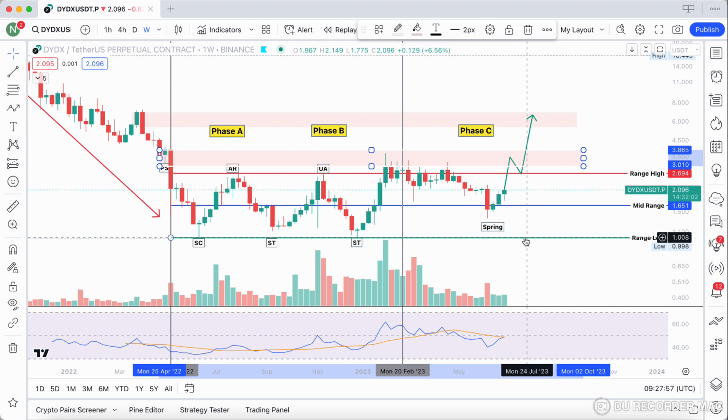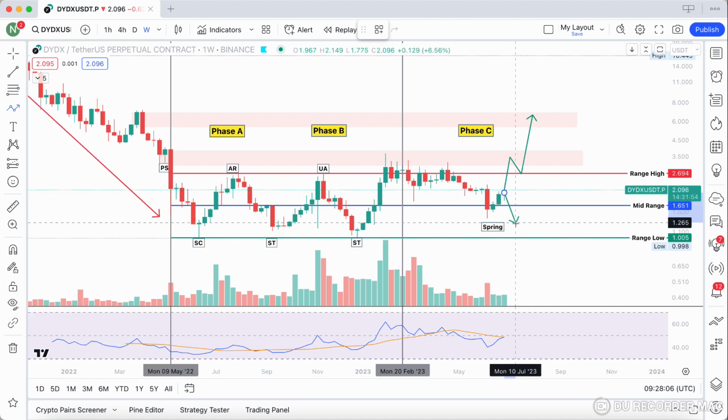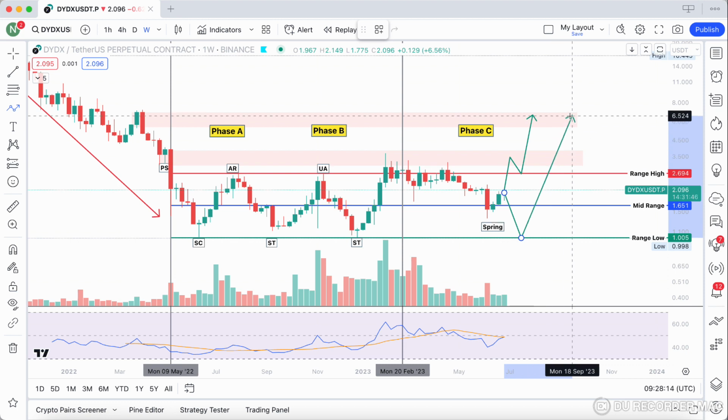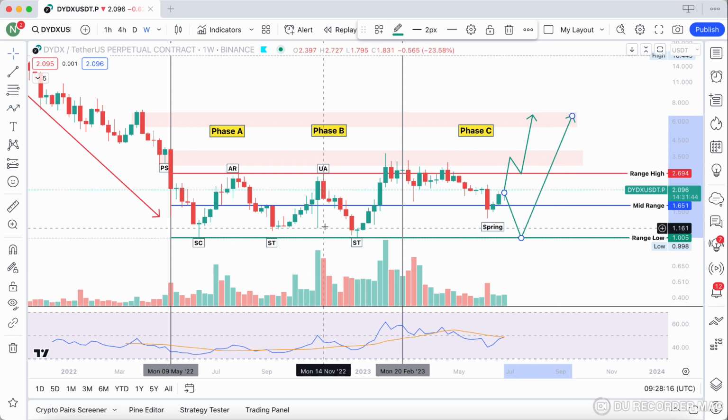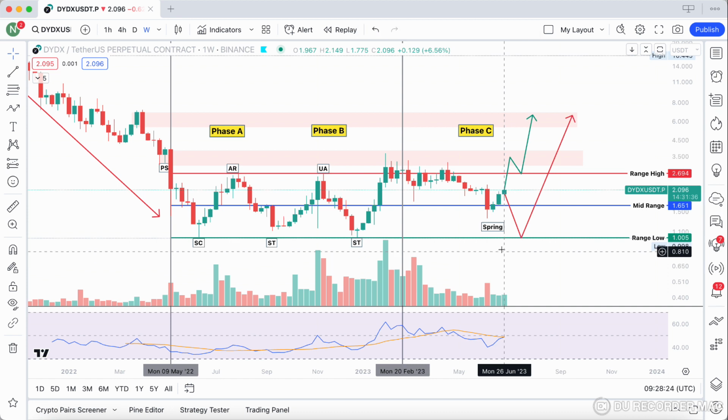Now that you know what I know, if we make it to the range low, I don't think it will happen, but of course everything is possible in life and in crypto. Then you know this is the range low, this is where accumulation happens, and if we assume that DYDX is destined for much higher prices, this is a buy opportunity.